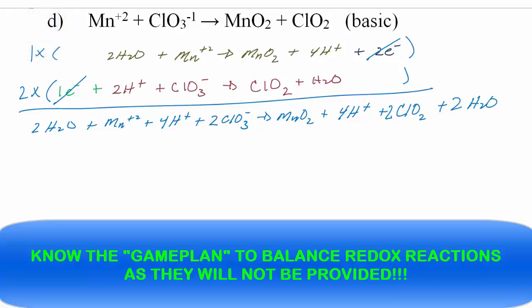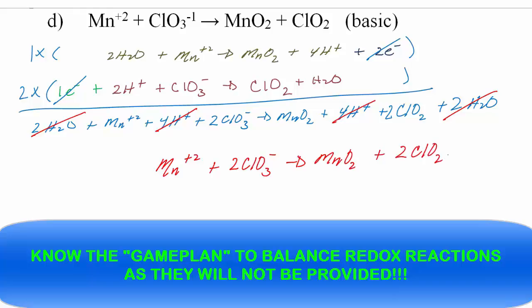Let's try to clean this up a little bit. It looks like my water will cancel out. My hydrogen ions cancel out. Great. So I'll have manganese 2+ and 2 chlorates produces manganese 4 oxide and 2 chlorine dioxides.